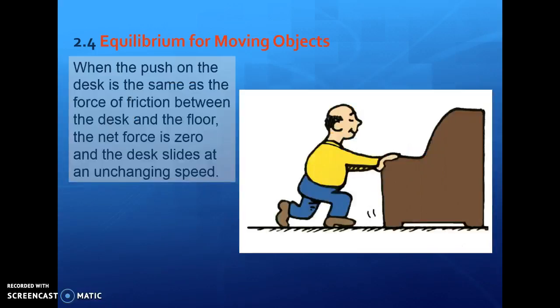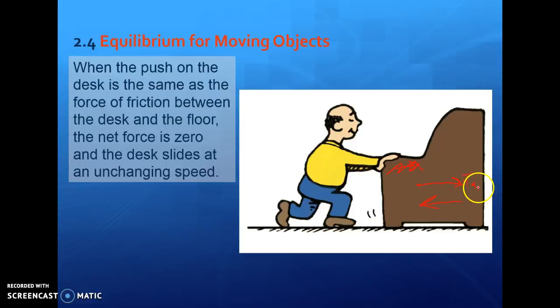Okay, so here's an example. When this dude is pushing the desk, if the desk is not moving, then the frictional force, the force going that direction, is greater than the amount of force he's applying. Now, as soon as he gets this thing to move, not moving fast, but just sliding constantly, once it starts moving, these arrows are equal to each other.